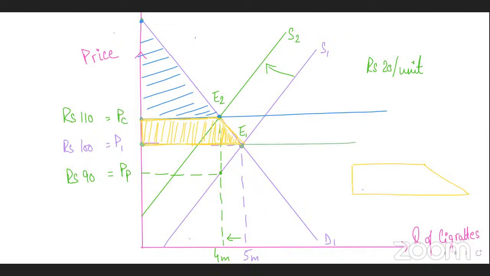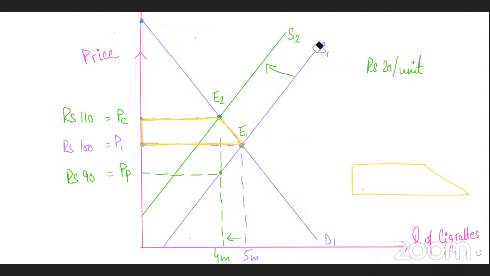Okay, now let's move on and look at producer surplus. I'll get rid of this first because then it might confuse you. Okay, now students, have a look at this. Let's choose the green color.